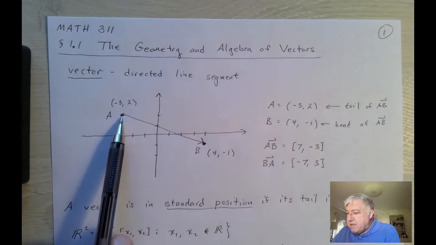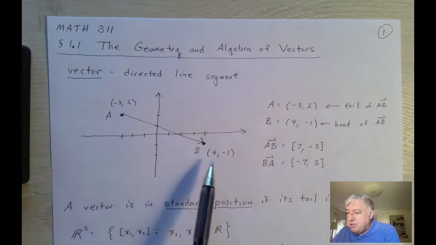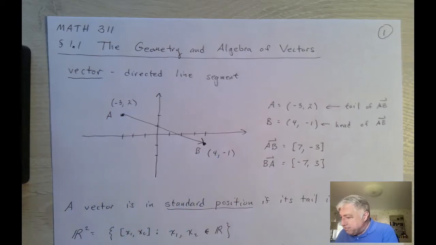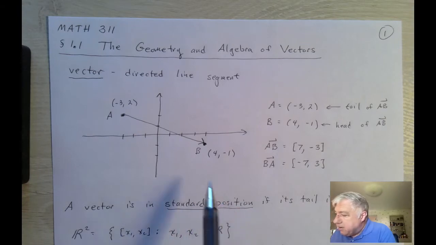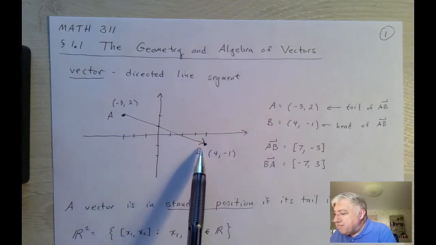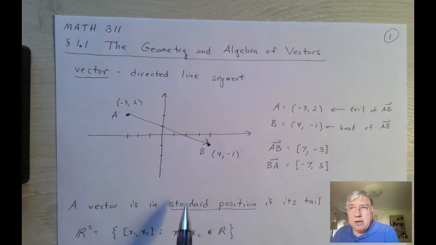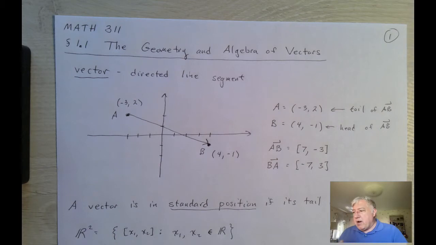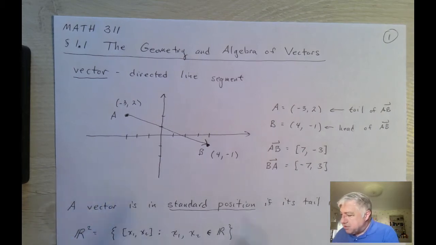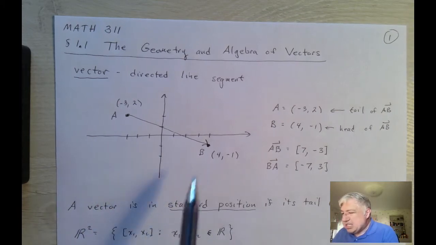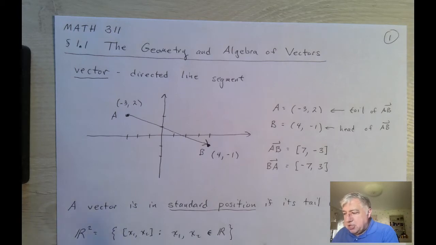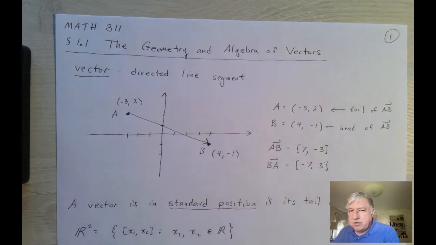And if we say that it starts at the point (-3, 2) and ends at (4, -1), then we can find the vector. It's almost as mechanical as finding the slope of a line, but it's a little different, because a slope, remember, is just one number, whereas this vector is going to consist of 2 numbers. Basically, it's the change in x as the first coordinate, and the change in y as the second coordinate.